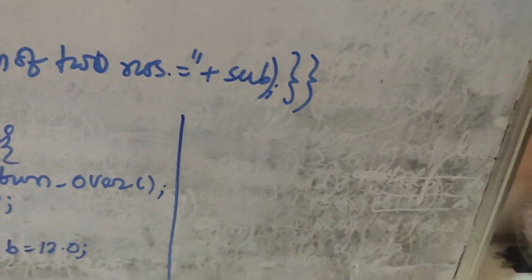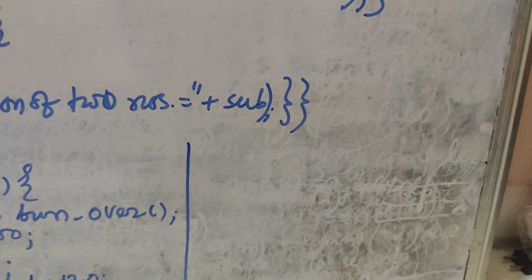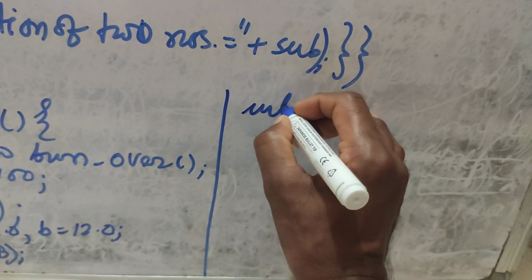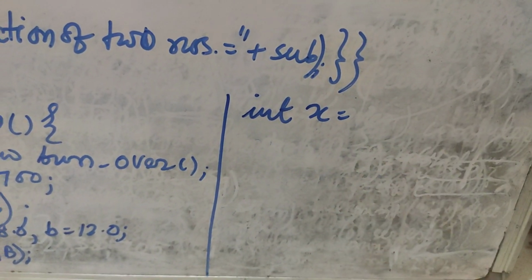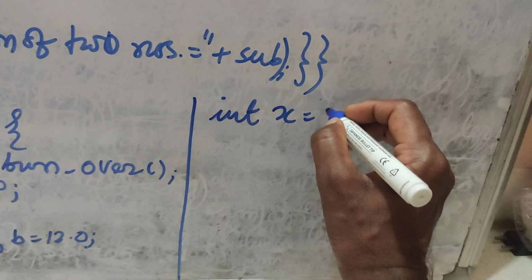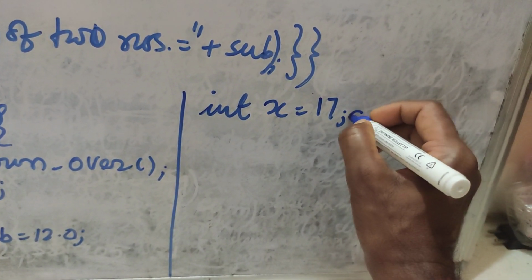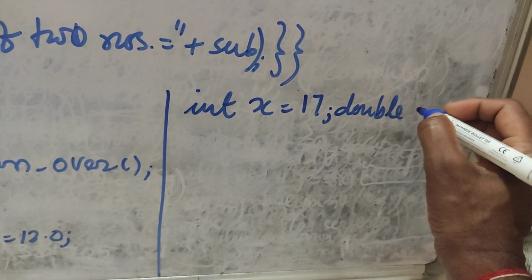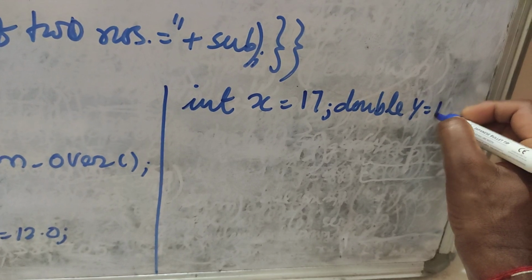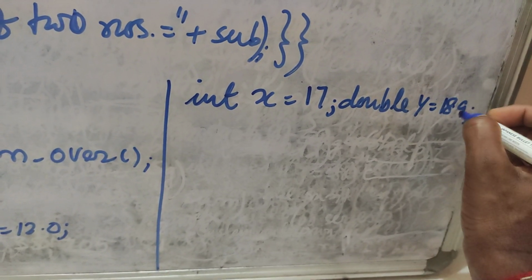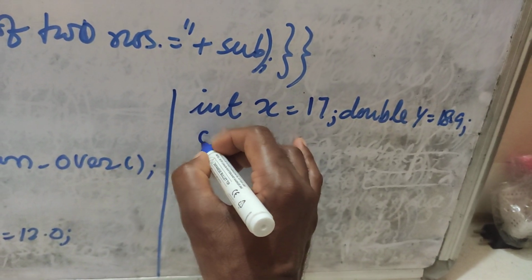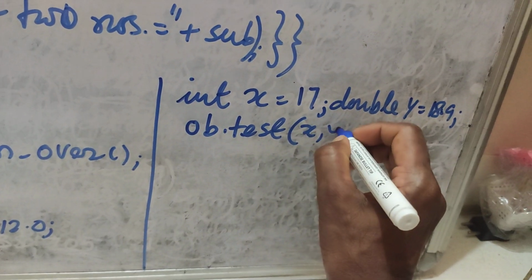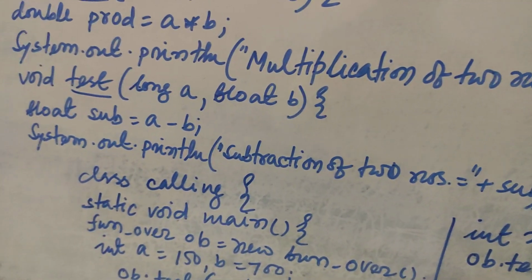I am taking here int, suppose x equal to 17, for the multiplication, and double y equal to 18.9. Now ob dot test x comma y.